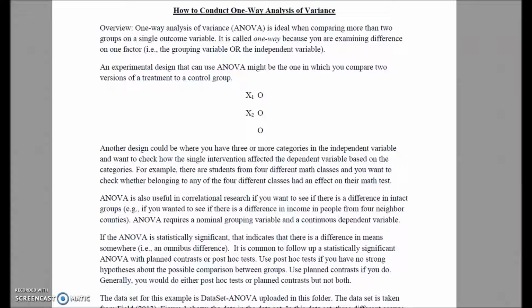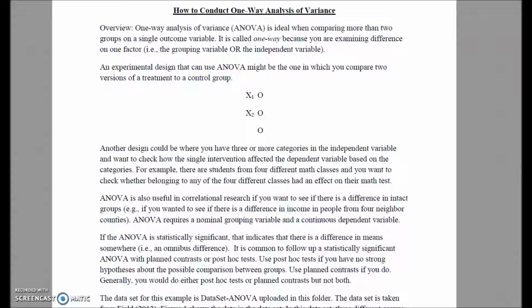So there are different things that you can do with the different types of ANOVAs. But here we are going to concentrate only on one-way ANOVA. In this case, I have one independent variable or one grouping variable. The independent variable is my groups, and I am looking at their dependent variable.